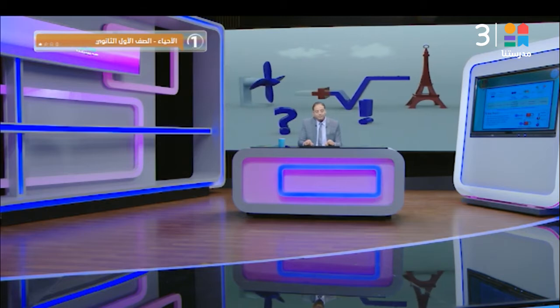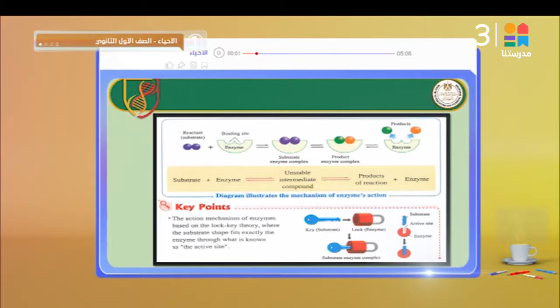Enzymes and substrates, as we saw previously: the enzyme acts as a lock and the substrate acts as a key. Each enzyme combines with the substrate, forming an intermediate compound. After that, the enzymes play an important role in accelerating the chemical reactions, so the products of the chemical compound are formed.